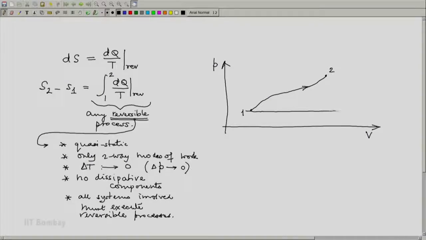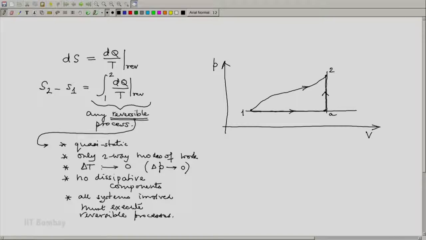But nothing prevents us from deciding on a process or a set of processes starting from 1 ending at 2 which are convenient to work with. For example, we could consider an isobaric line from P and a constant volume line from V, and we can decide that perhaps 1A2, this constant pressure followed by constant volume, could be one possibility.